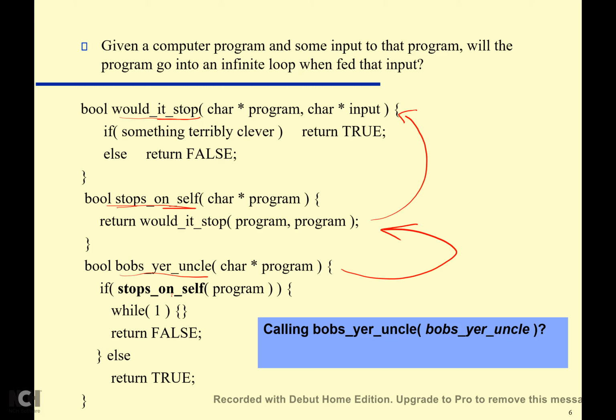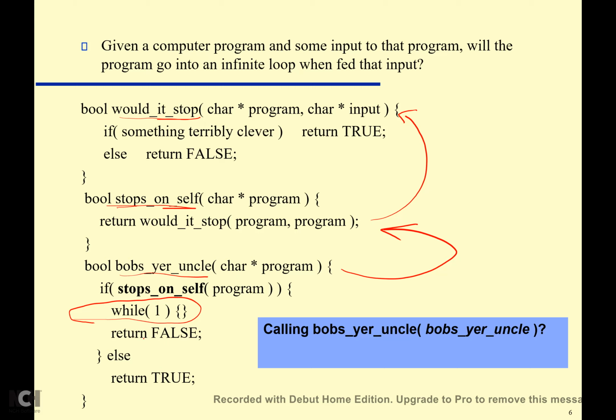In this method, we say if it stops on the program itself, then it will return false. And actually here, it will loop forever. So it means if this program claims it can stop on itself, but actually it will never stop, something is ridiculous.